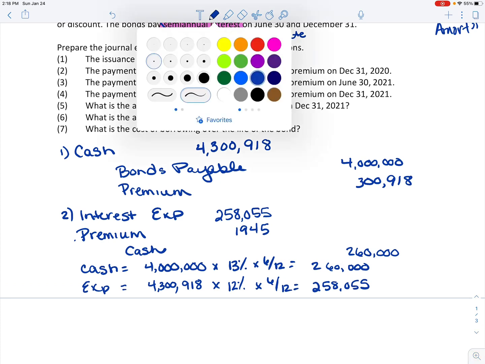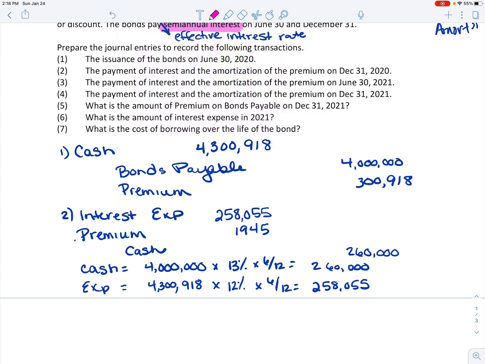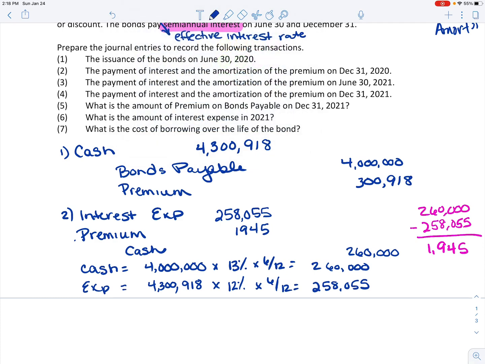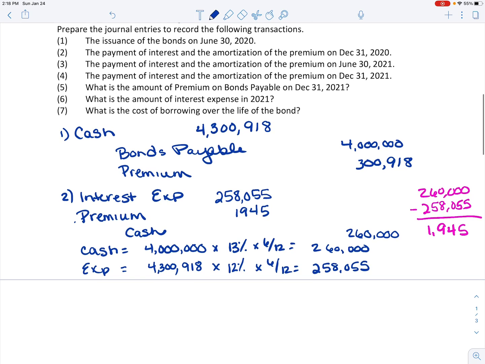And again, I get this, that 260 minus the 258,055 is going to equal 1945. So let's look at what going forward that looks like. This is when it gets a little tricky. The next 6 months interest expense, the account names are going to be exactly the same.